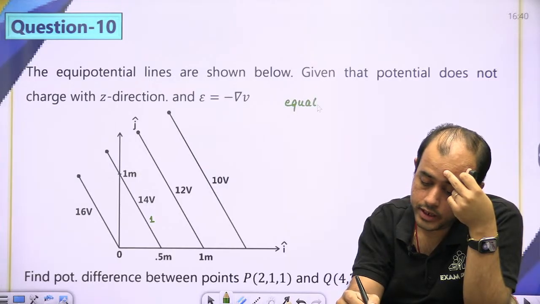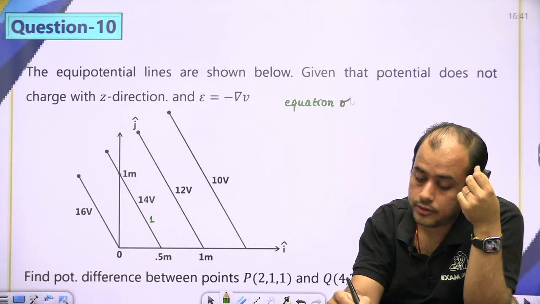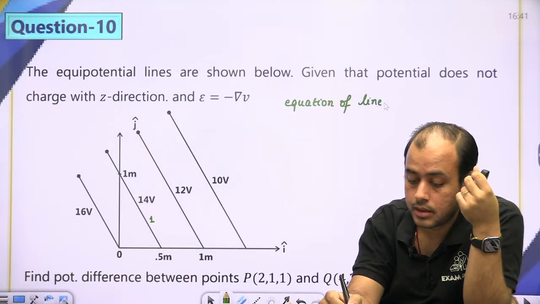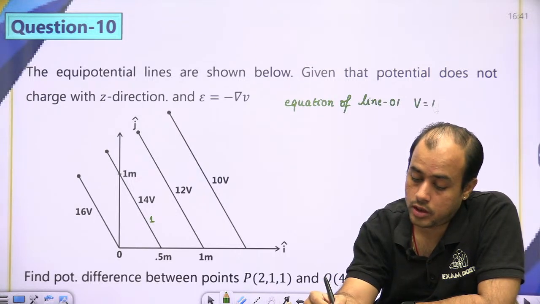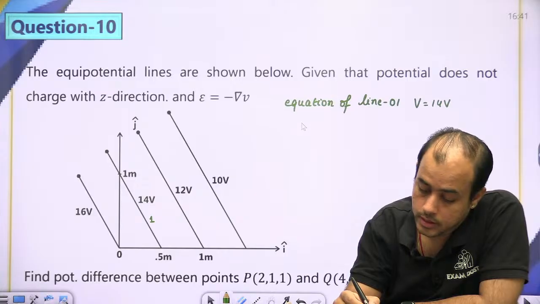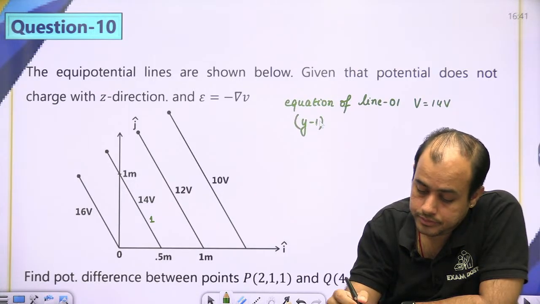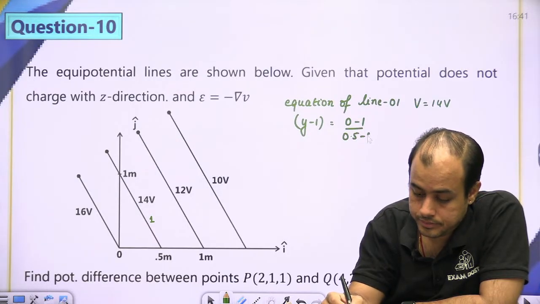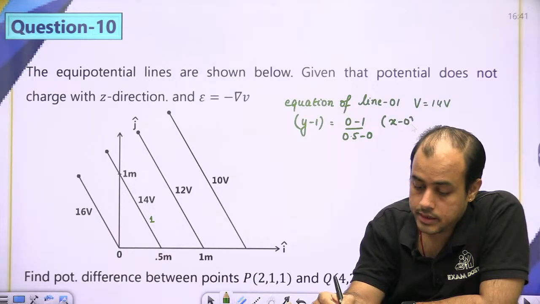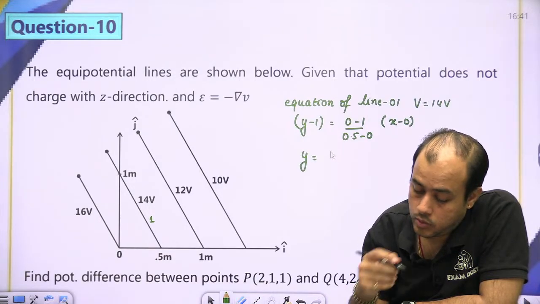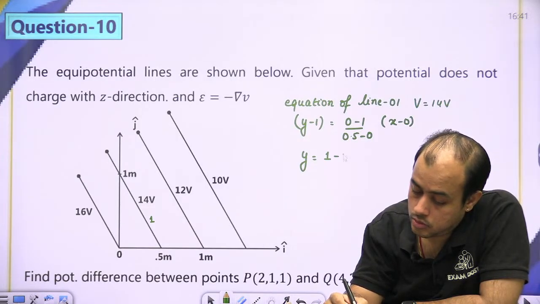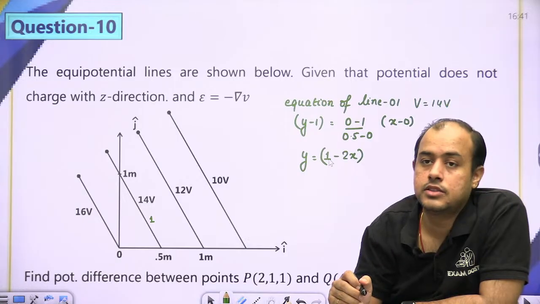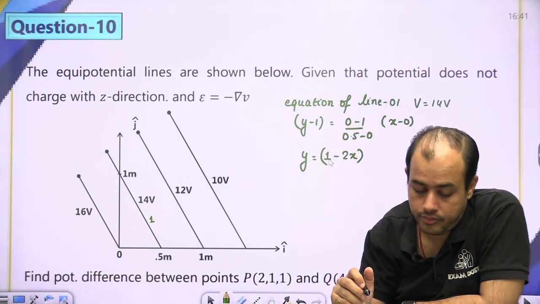If I write the equation of line 1, where potential is 14, the slope will be like this, x minus y equal to 1, so y equals 1 minus 2x. Okay.